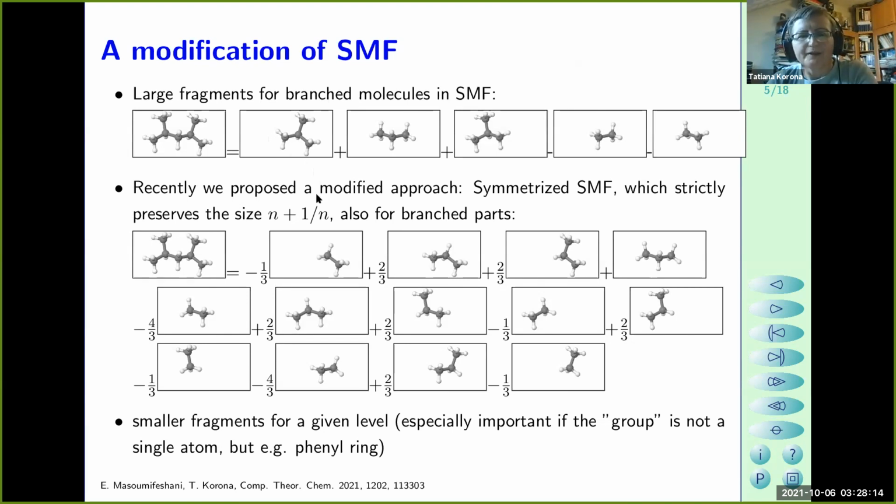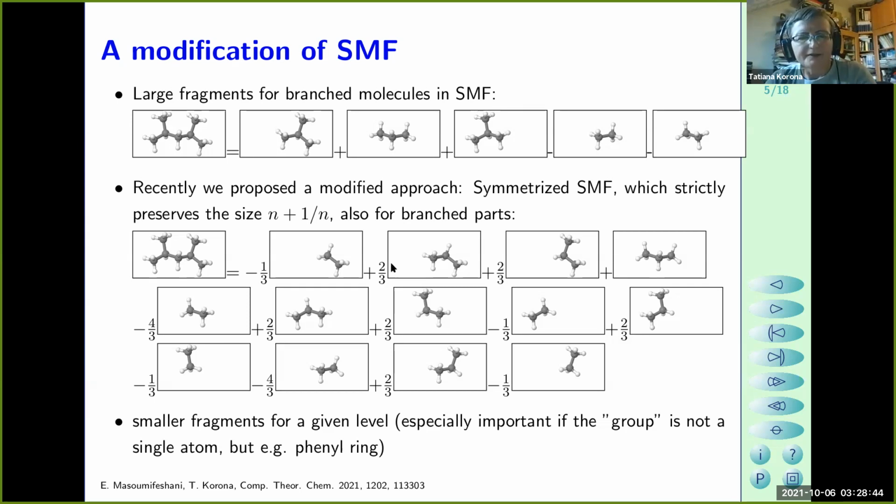So we recently proposed a slightly modified approach which strictly preserves this size n plus n formula also for the branched parts, but we have to introduce some fractional weights of these fragments.